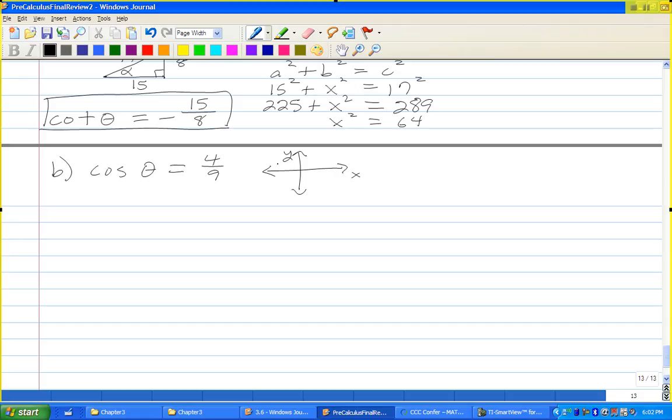And so it's either in the second or the fourth quadrant. But it says tangent is negative and cosine is positive, so it's in the fourth quadrant. That's the only way that tangent could be negative.